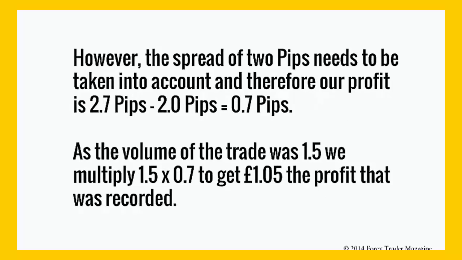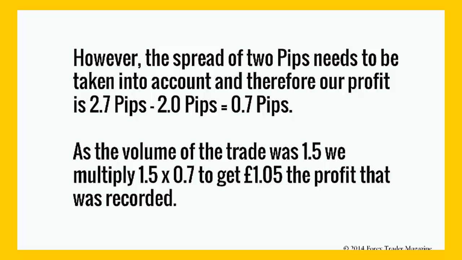However, we've got to take into account the spread. 2 pips needs to be taken into account, and therefore, although the profit was 2.7 pips, by the time we take off 2, the gain is 0.7.